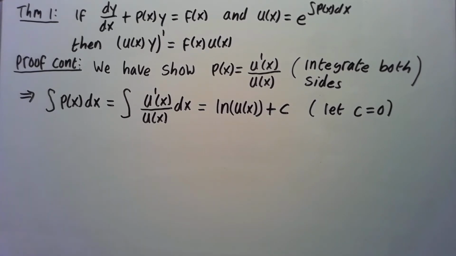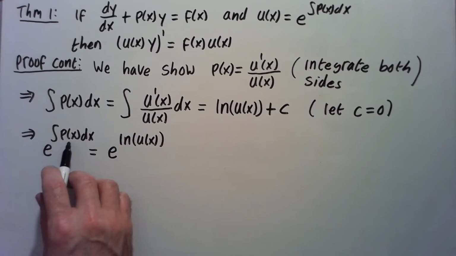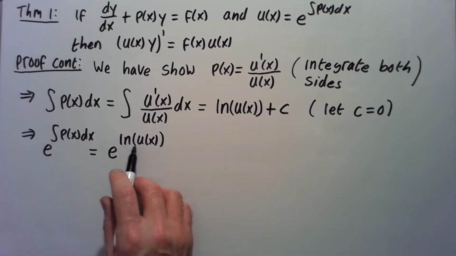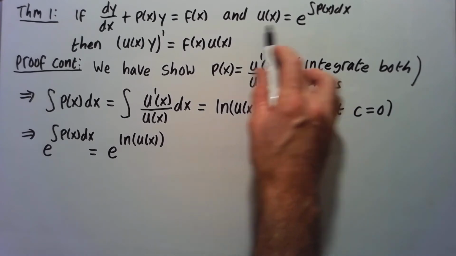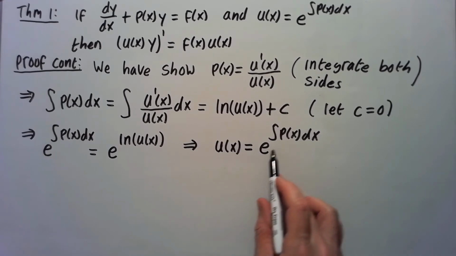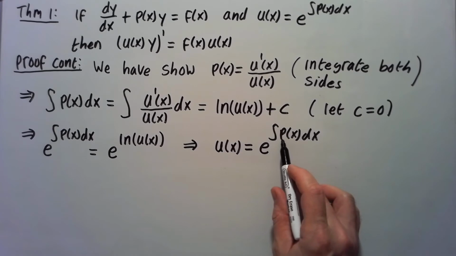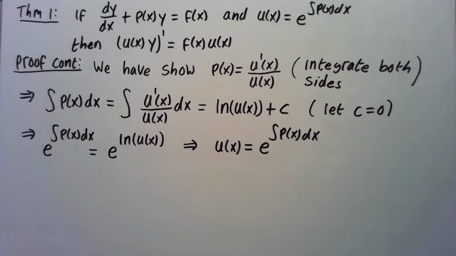So we have e to the integral of p of x dx equals e raised to the ln of u of x. Here the e and the ln will cancel, so we'll just be left with u. So we get u equals e raised to the integral of p of x dx, which is what we're trying to show here. So we've proven theorem 1, so hence the claim follows.